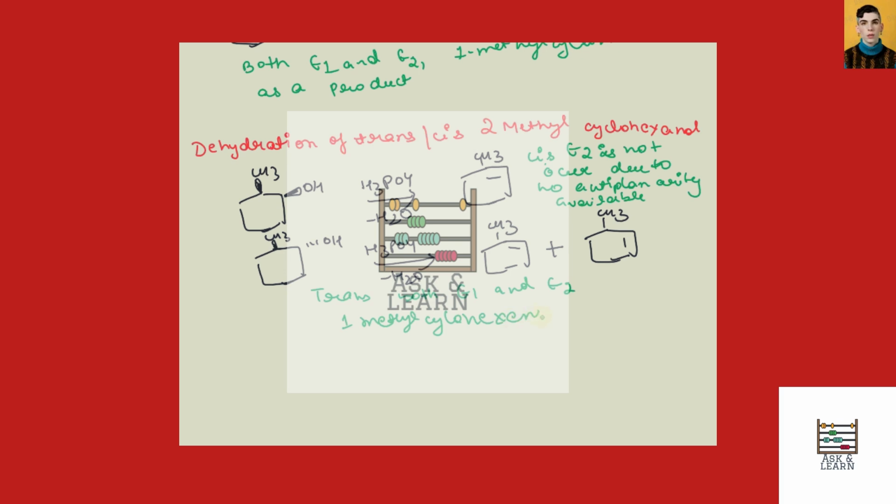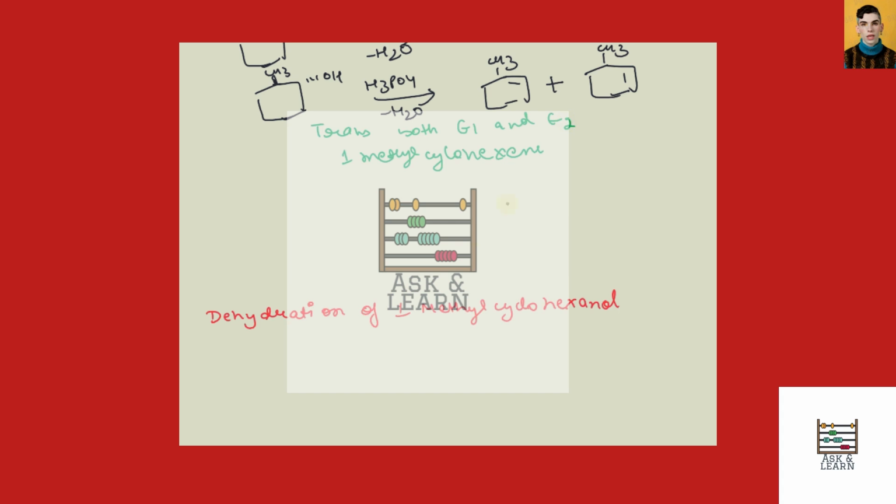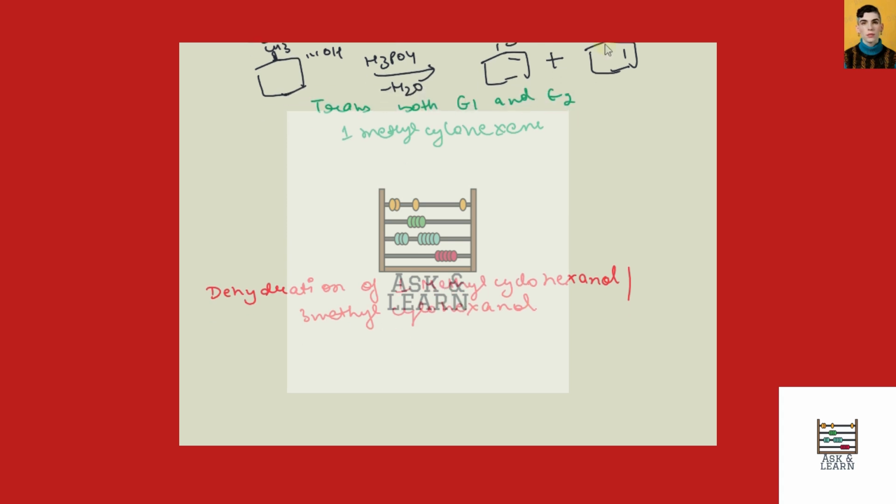Now the next one is the dehydration of 1-methylcyclohexanol and 3-methylcyclohexanol. If we write down the reaction, firstly the 1-methylcyclohexanol, this is the structure of 1-methylcyclohexanol.